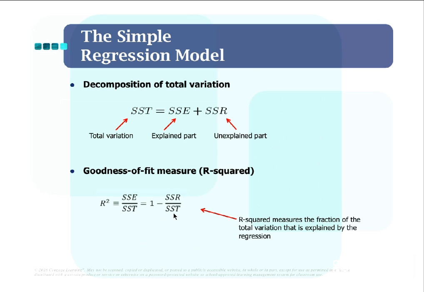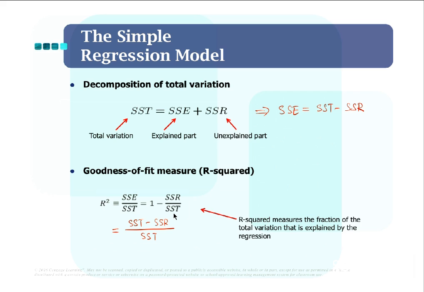So here we get SSE, the explained sum of squares, equals SST minus SSR. So this equals SST minus SSR, divided by SST.